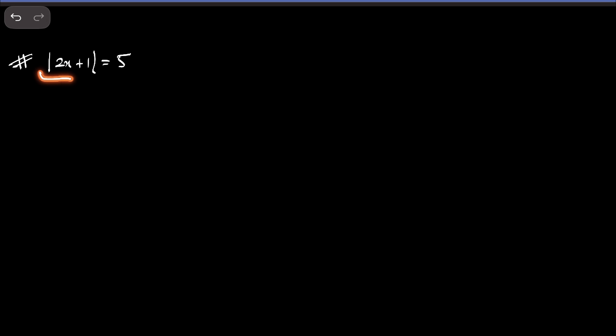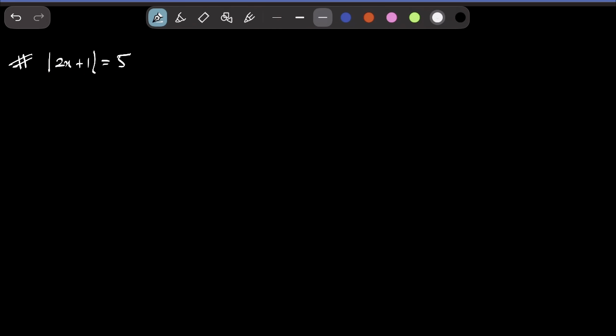Whenever we solve a modulus function, we always use one property. So I'm writing down that property for you. Suppose I have a modulus function, mod of ax plus b, equal to cx plus d.